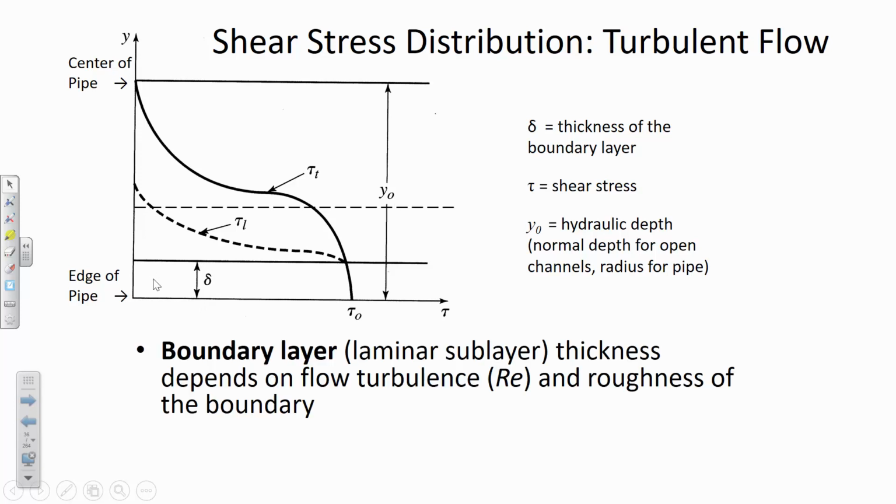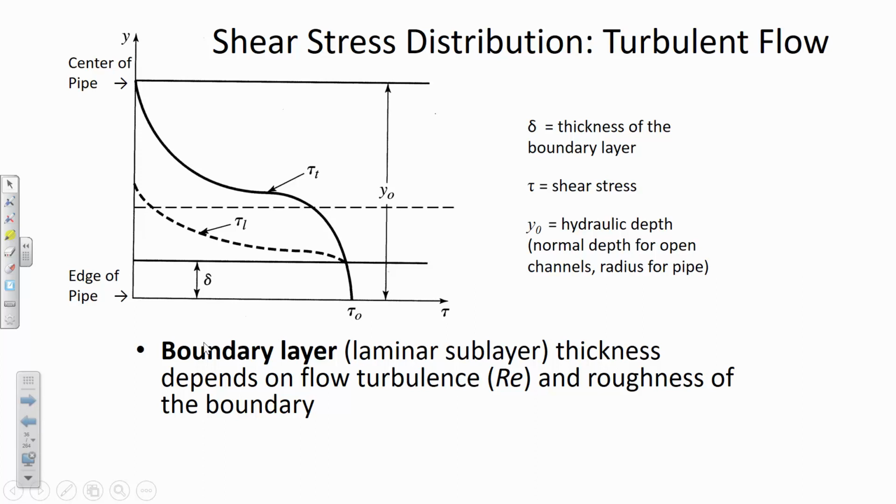The boundary layer depends on the degree of turbulence and also the material of the pipe, like what it's made of, is going to have an effect on how thick that boundary layer is. You can think of this boundary layer as kind of like a cushion. It's a fluid cushion at the edge of the pipe where conditions are laminar.